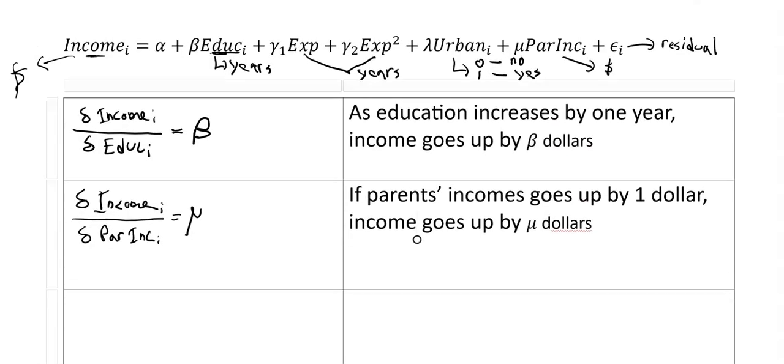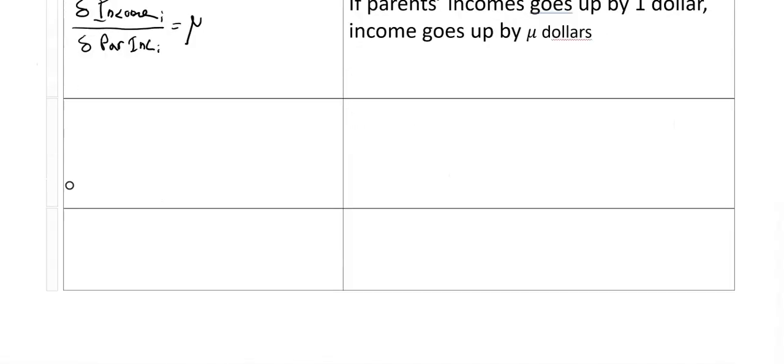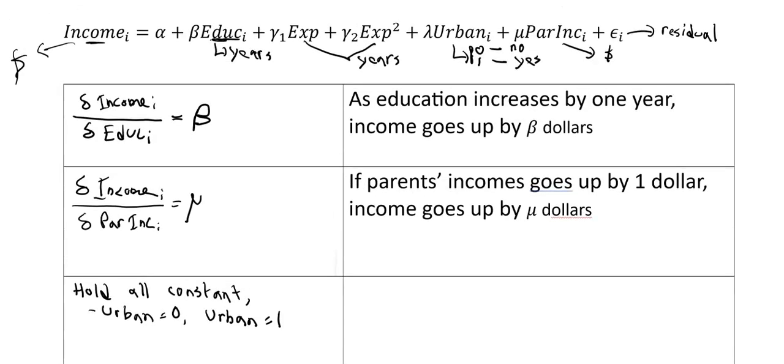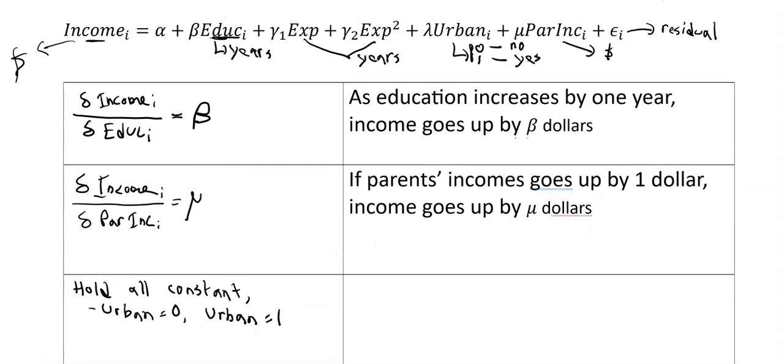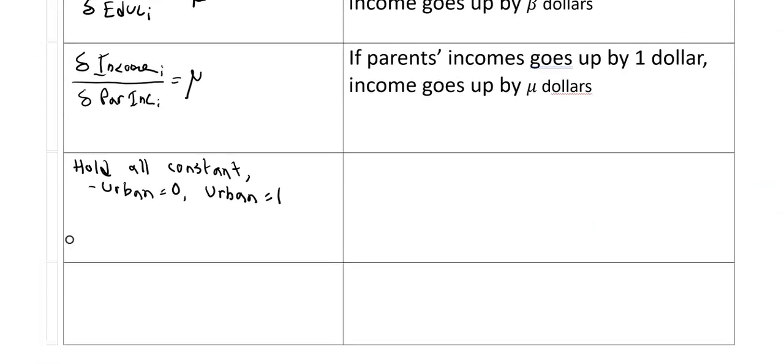Next, we are going to look at dummy variables. Now, a dummy variable like urban only takes 2 values, so we cannot really use a derivative to find the effect of urban on income. What we will do here is just say hold everything constant and take 2 individuals, one with urban equals 0, the other with urban equals 1. Now, if everything else is the same, then we are going to subtract income when urban equals 0 from income when urban equals 1.